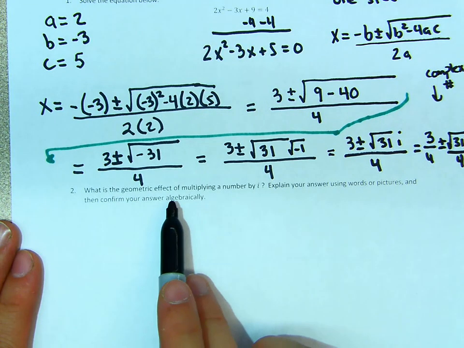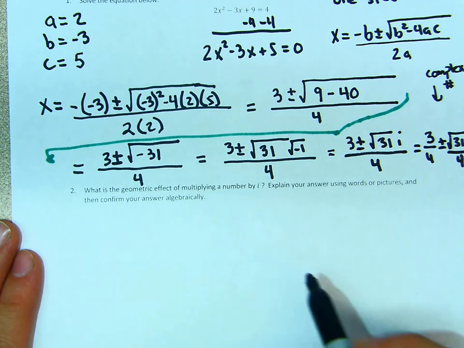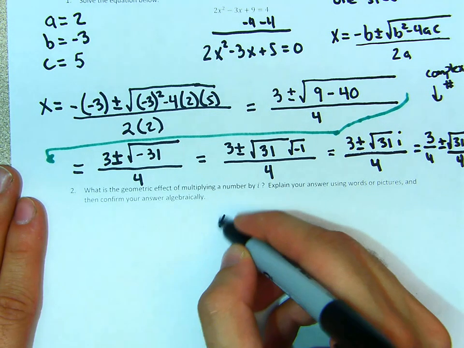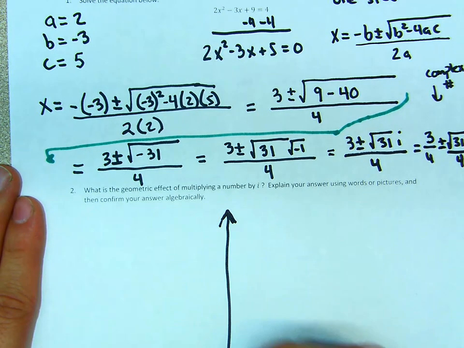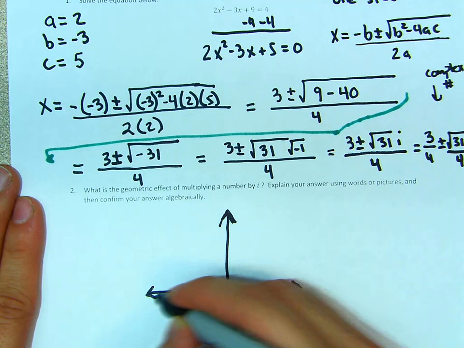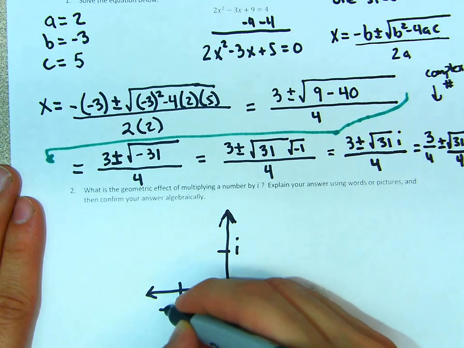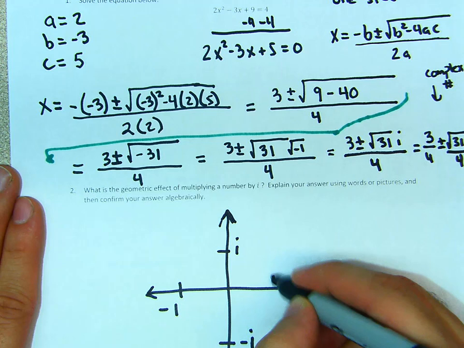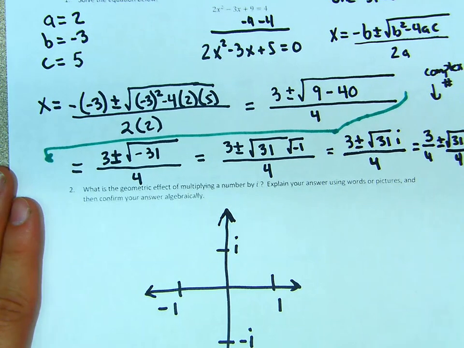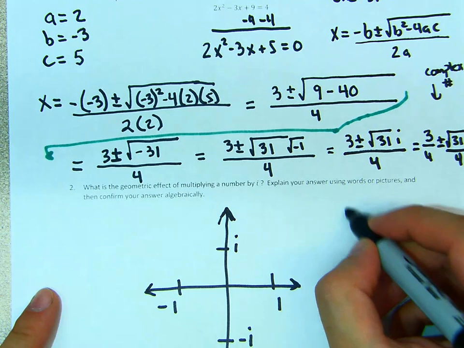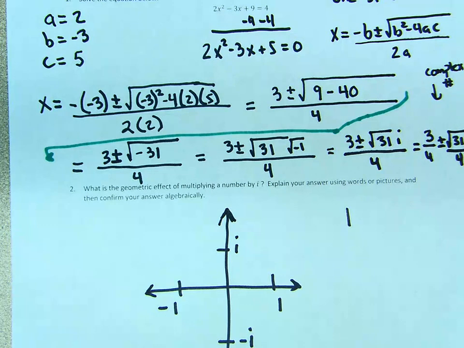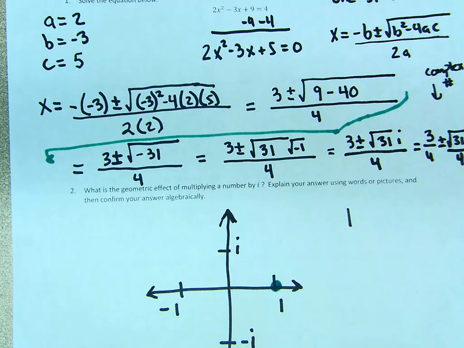Here, what is the geometric effect of multiplying a number by i? Remember, if we had this, let's say this is i, and this is negative 1, and this is negative i, and this is 1. If I take 1, right, let's say I'm here. I take this 1, okay?